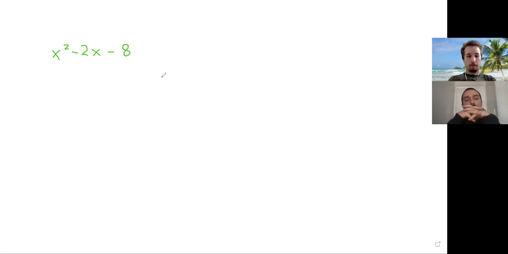Okay. So this problem specifically says Rolle's theorem. Can you put in the chat if you've ever heard of Rolle's theorem?